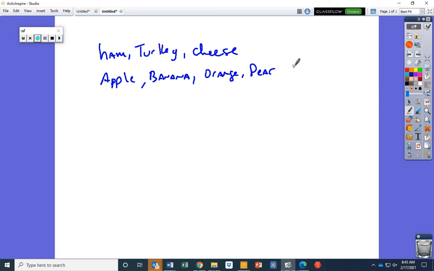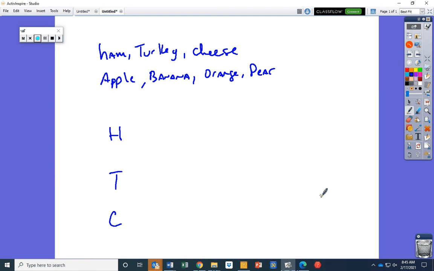All right, so in order to do this, the first thing we're going to do, you're going to pick one of these types of sandwiches. You're either going to get a ham, a turkey, or a cheese sandwich, and you're either going to get an apple, banana, orange, or pear. So what are the three choices for the sandwich? We're going to say ham, turkey, and cheese, and we'll abbreviate.